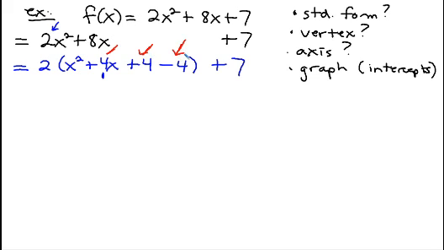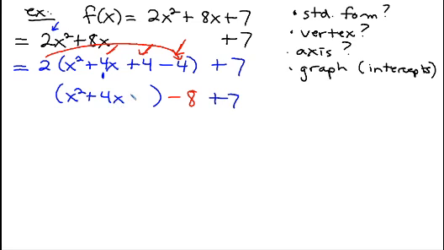To get it out of parentheses, I have to do distributive property with that 2. So 2 times -4 is -8 plus my 7. And now I can put the parentheses there, and I have x squared plus 4x plus 4, and my 2 is there. And now we're getting very close to where we need to be.